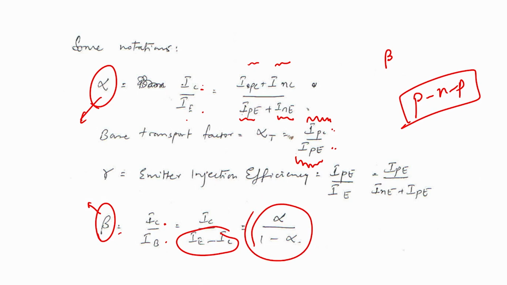So, generally if you want a good active mode operation, you would like the BJT to have small IB, large IC, and therefore very large value for beta and a close to 1 value for alpha, which is all the holes from the emitter were collected by the collector with very little recombination in the base. So, that is what you would like.